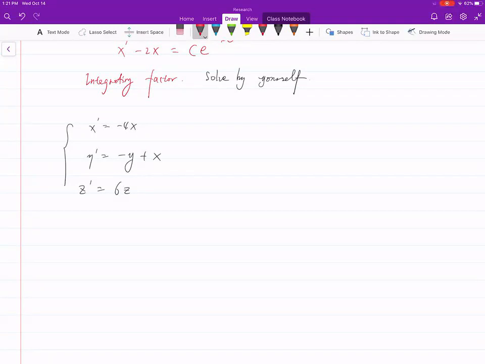Now, let's talk about it. Number one, z is completely decoupled from the others. Actually, not even coupled anymore from x and y.